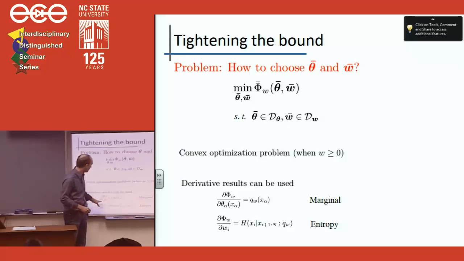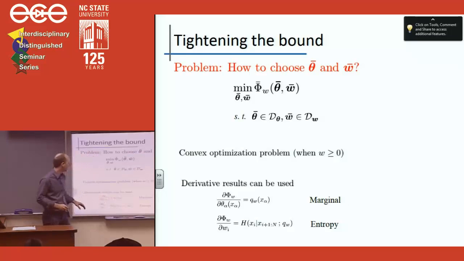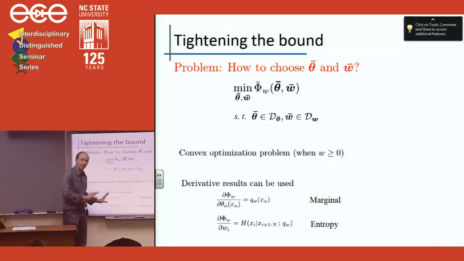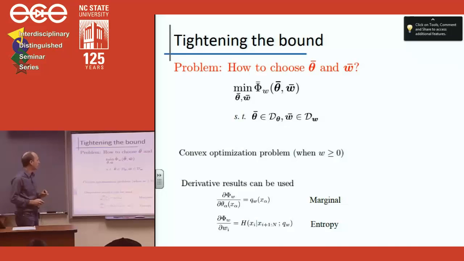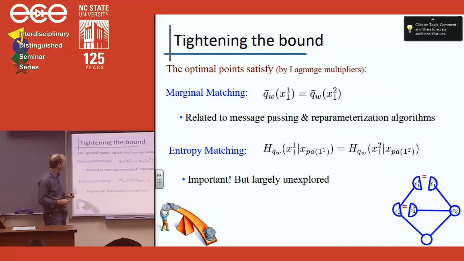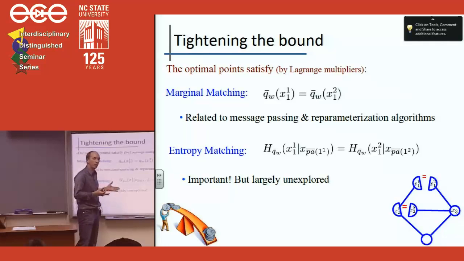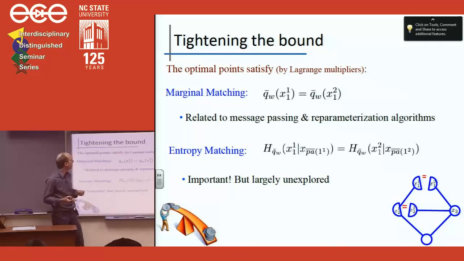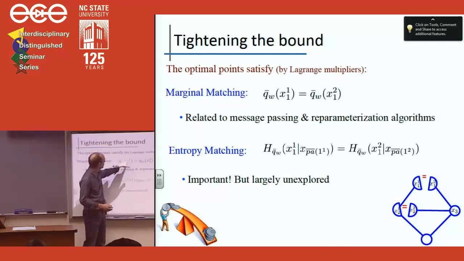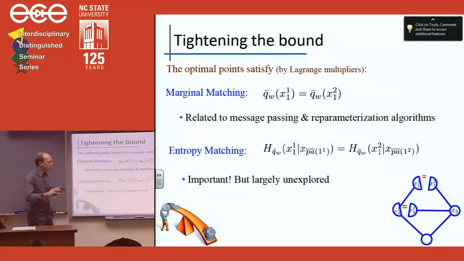And you can use these properties of the weighted log-partition function to get very similar looking results to what's known there. What you find is that the optimal points satisfy certain criteria, like the weighted marginal of one copy should be equal to the weighted marginal of another copy. And so you can take fixed point steps to try to enforce that.